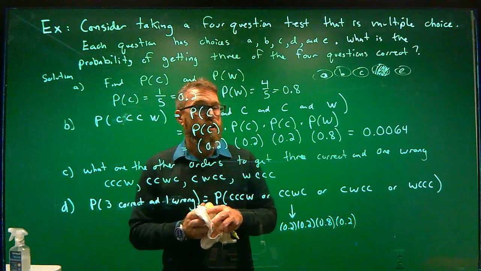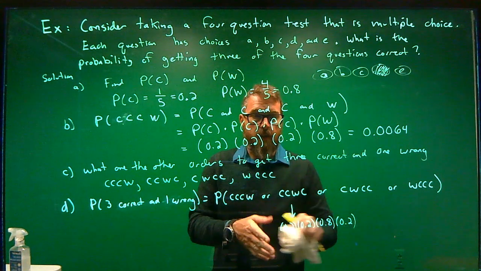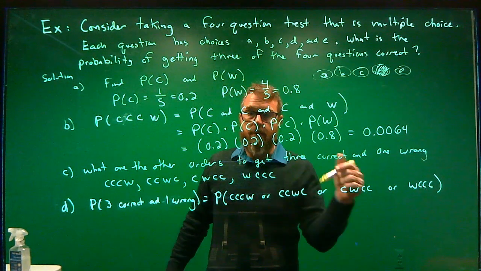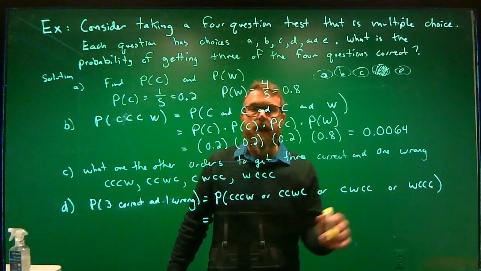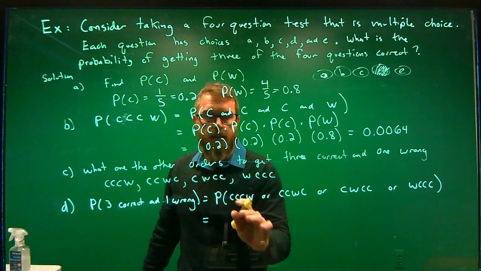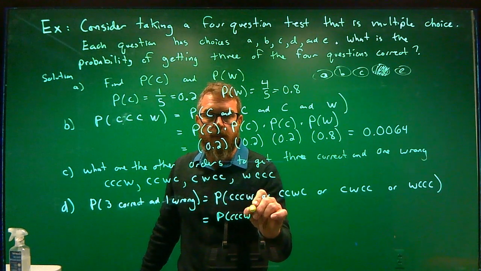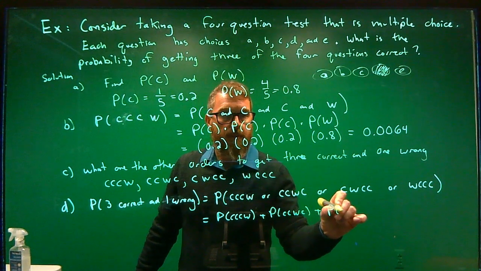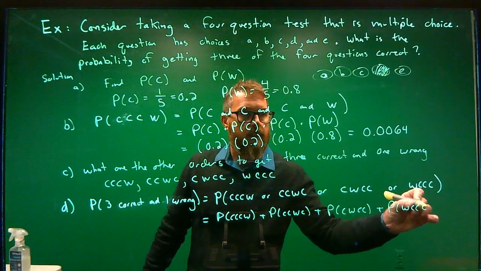So when I do this OR statement, I'm just going to be adding 4 of these things together. The reason why I'm adding is because OR statements are addition statements, and there is no overlap here. These are disjoint. So this is going to be the probability of CCCW plus the probability of CCWC plus the probability of CWCC plus the probability of WCCC.